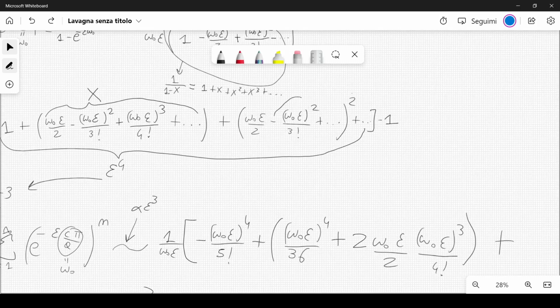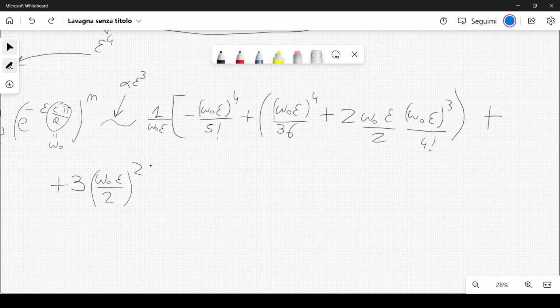And similarly, if you take the cube of this, you get something which is proportional to epsilon to the sixth power, because it's epsilon squared cubed. So it's epsilon to the sixth, and so on. So the only contribution that you get for the fourth order is 3 times omega 0 epsilon divided by 2 squared, and then you multiply this by minus omega 0 epsilon squared divided by 3 factorial.